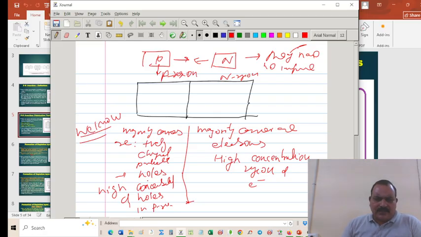So if I draw these majority carriers, in this section, I am considering there are holes as the majority carriers in the p section. I am making this, right?